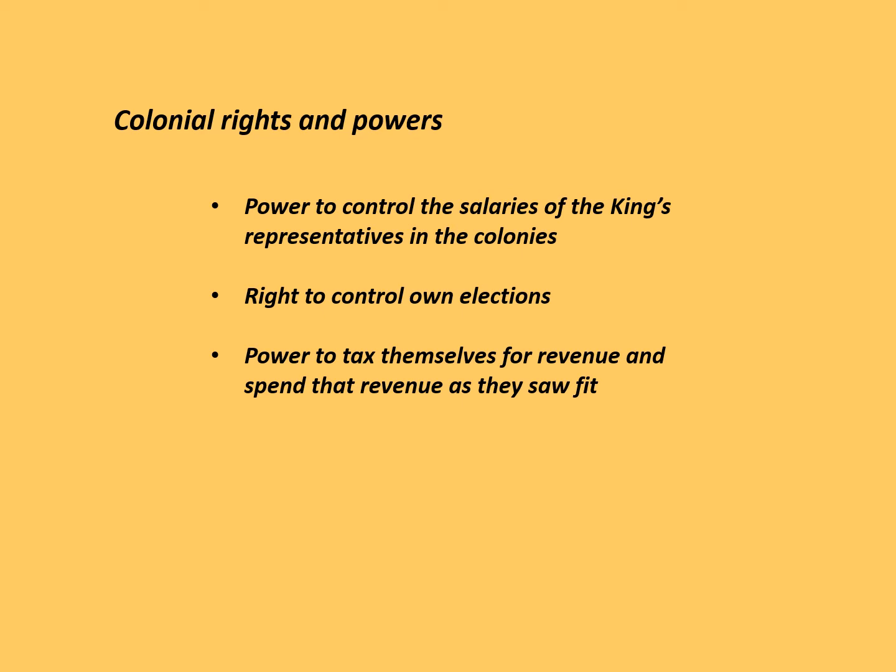Nobody from Britain taxed Americans, only their colonial legislatures that the colonists elected had the right to tax them for money to run those colonies with, and only the colonies had the right to determine how they spend that money.